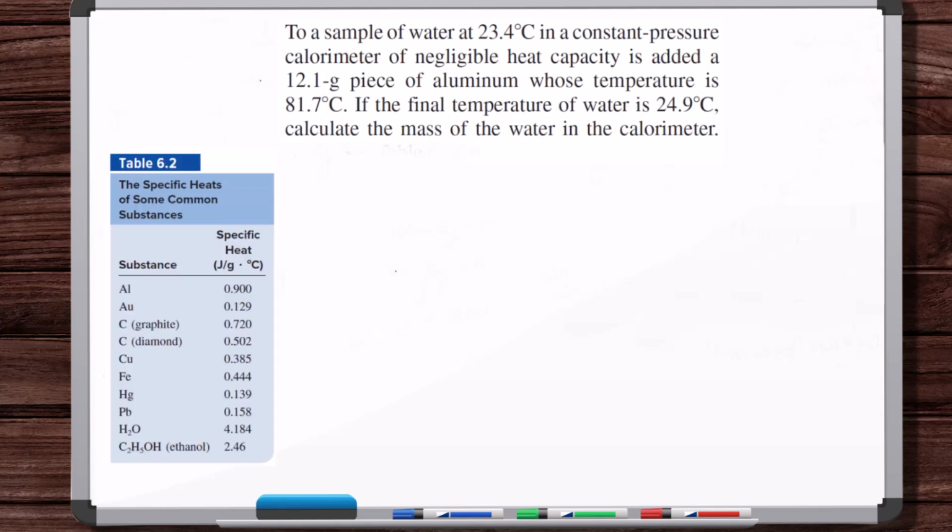You could just come to a table like this and get the heat capacity of H2O, or specific heat. I'm sure this is at 1 atmosphere pressure, but you could get the specific heat of water or whatever you're using in those environmental conditions. So here we've got the specific heat of H2O.